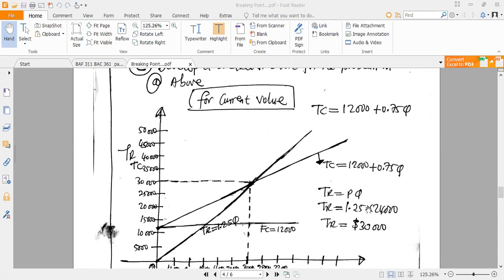The fixed cost doesn't vary with production. I don't know if you're clear so far. Are we there?